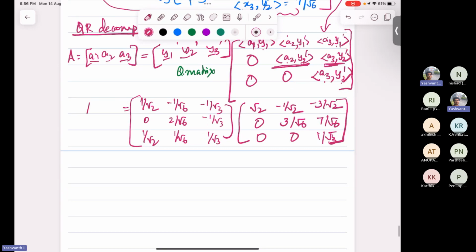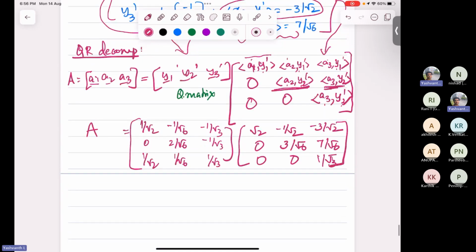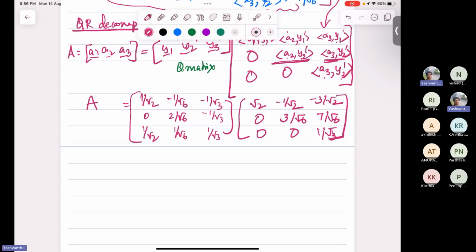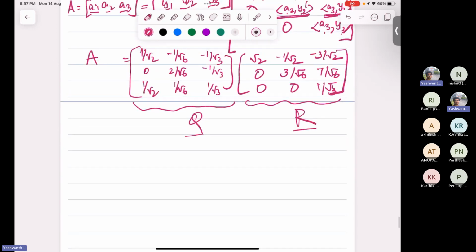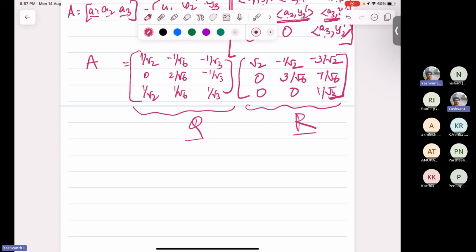So matrix A, which was the original matrix, is now decomposed into the product of 2 matrices, called Q and R. Just by performing Gram-Schmidt orthogonalization of matrix A, one can find the product Q and R. So this is called QR decomposition. You can verify, just multiply both the matrices and check whether you're getting the matrix A back or not. You can verify that it indeed gives matrix A back.